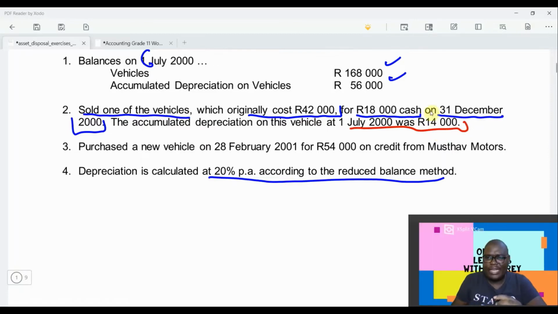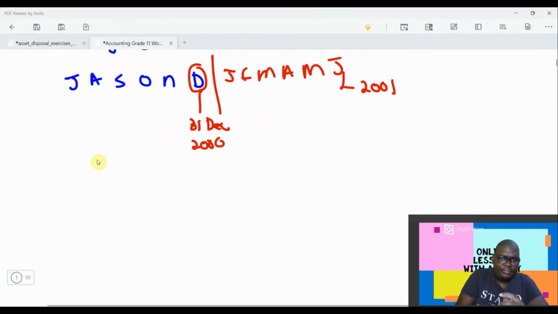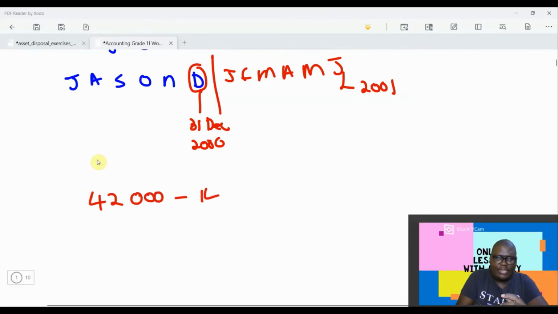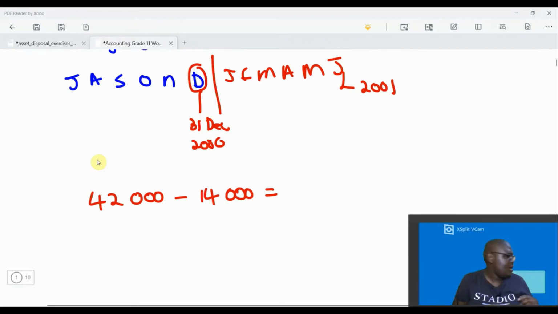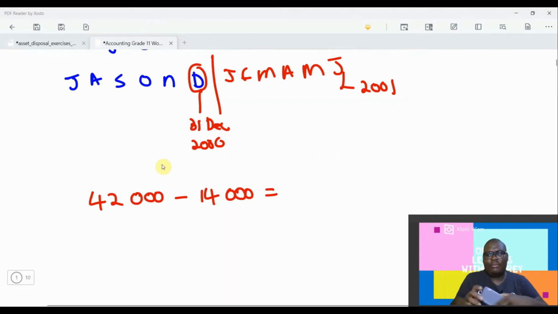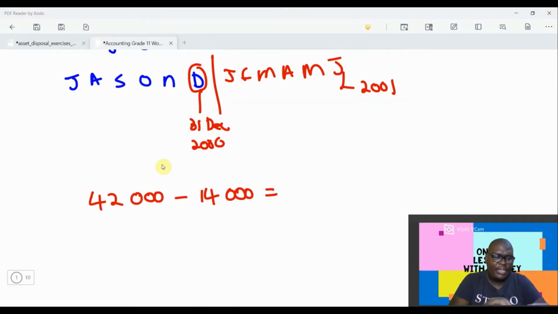So we want to find the carrying value before we calculate the current depreciation. So what are we going to do? We're going to say 42,000 minus 14,000, and then it will give us our carrying value for this vehicle.